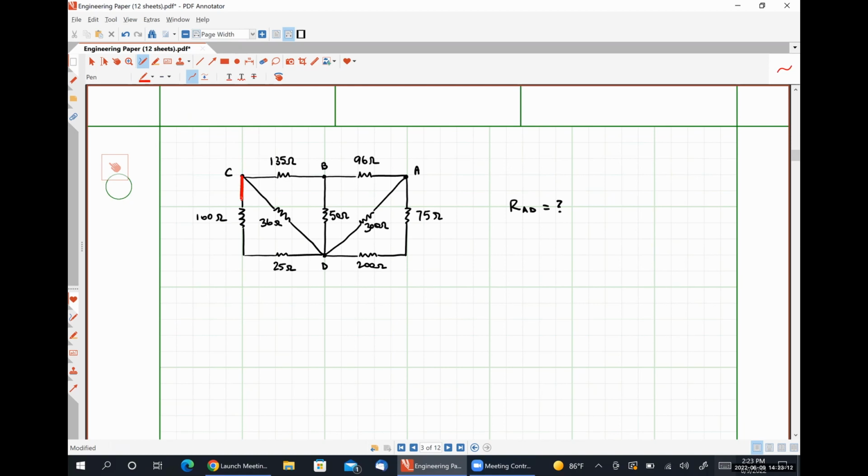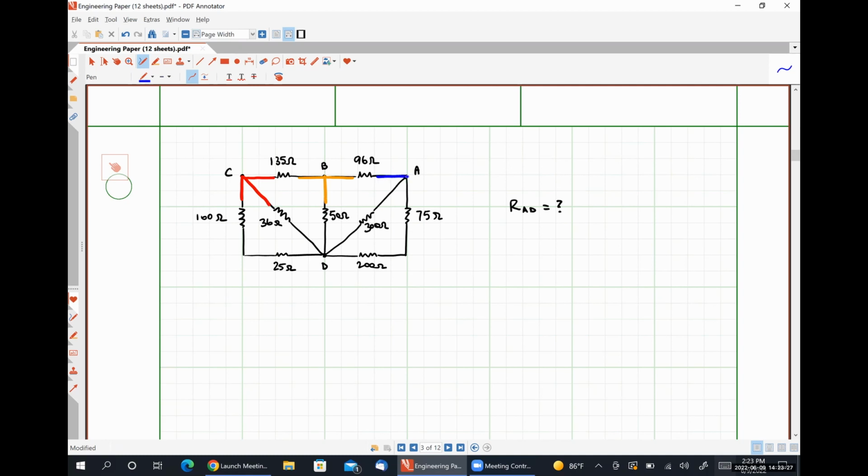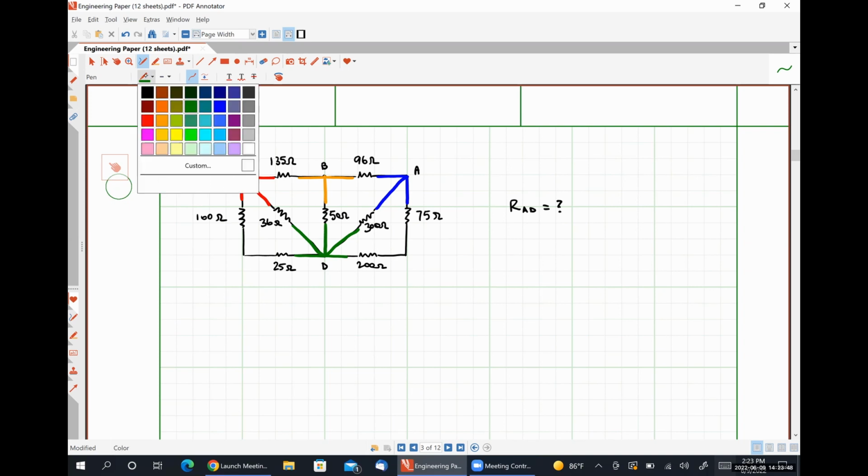This node in the top left will be node C. This node in the top middle will be B. The node on the top right will be A. This node on the bottom middle will be D. And I have 2 additional nodes that were not given a label in the problem statement.